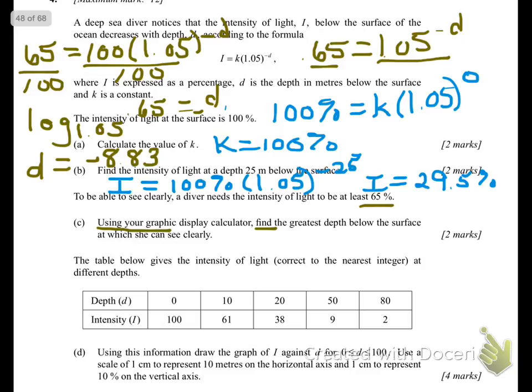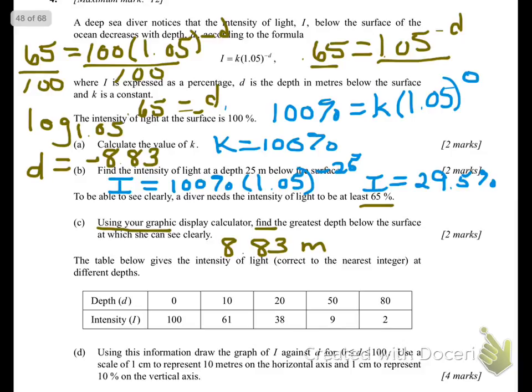Now they want to know the depth below the surface, and when we go back, it says D is the depth. So we're going to take the opposite of that, so it's going to be 8.83. Now, does it tell us feet? And meters. Okay?